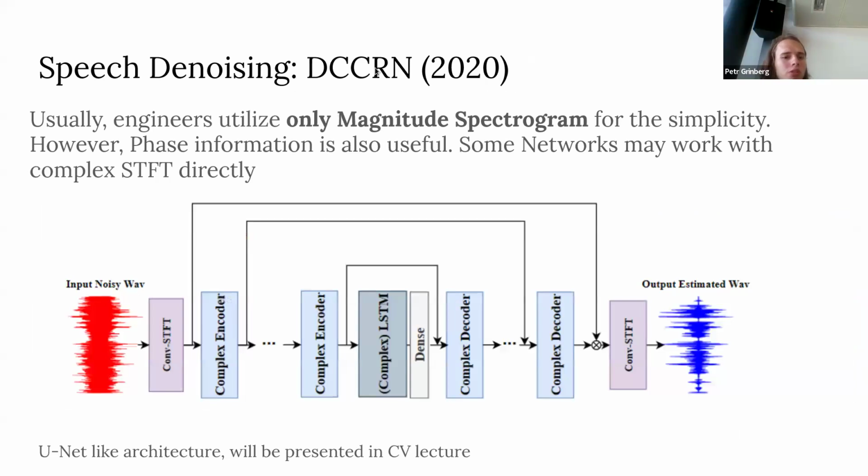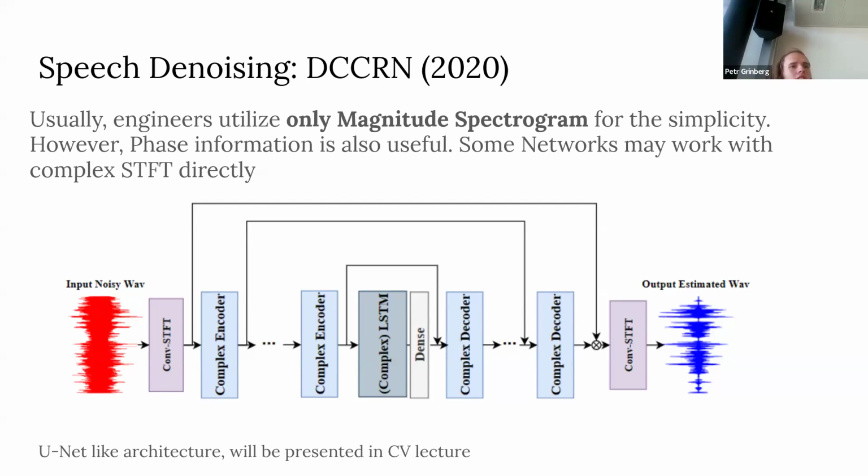One of the models for speech denoising is called DCCRN. I don't actually remember what the full form is, something like deep complex convolutional recurrent network. And it is an interesting solution because usually, as I said, engineers use only the magnitude spectrogram because the phase spectrogram looks kind of random and you actually don't know what to do with it.